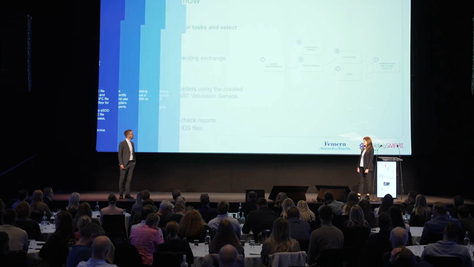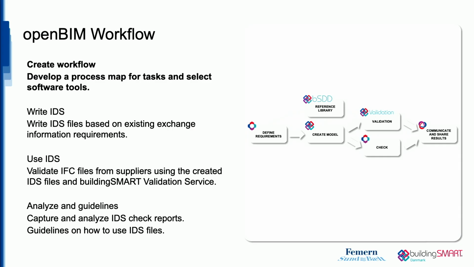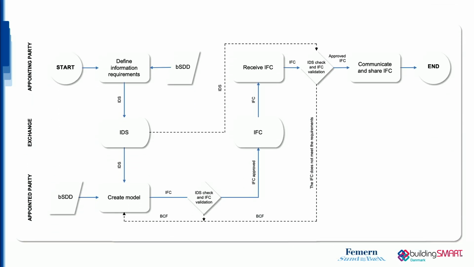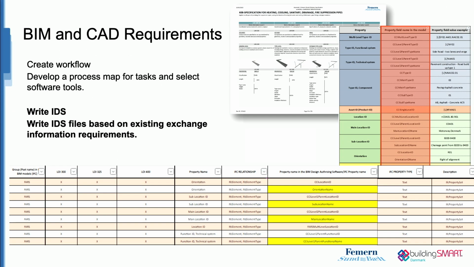So a reputation. We have built our workflow based on this OpenBIM workflow, as you can see here. And then these were the input that we provided to Building Smart International and Building Smart Denmark. So basically, our model delivery specification that includes the object category and the properties that in our case are custom properties, but we will see how to improve on this as well.